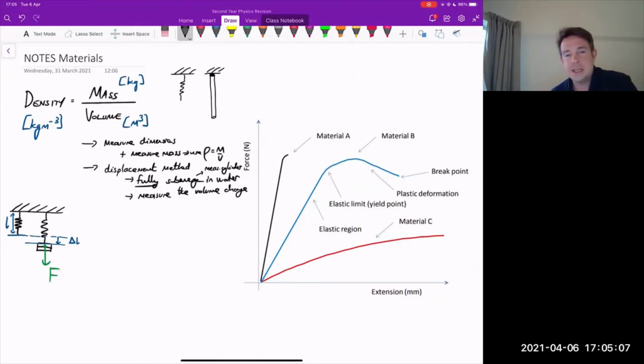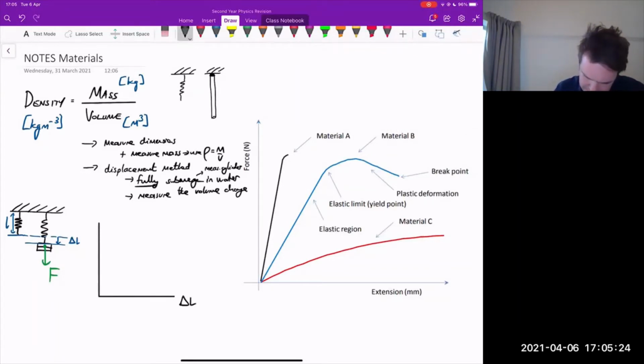From GCSE, probably, you are familiar with the idea that the force and extension, let me draw those straight, the force and extension behave like this.